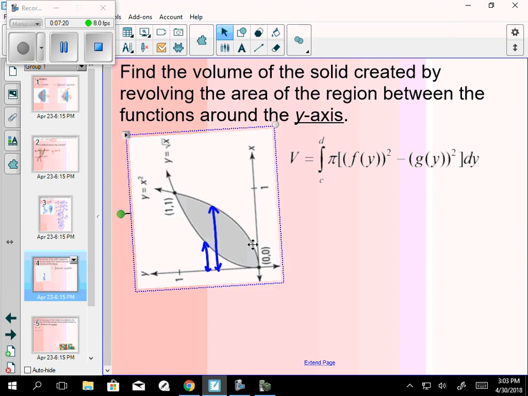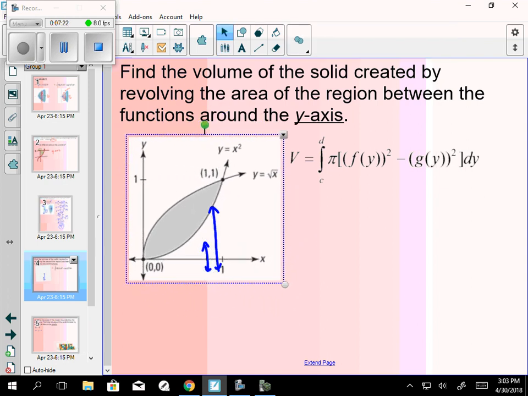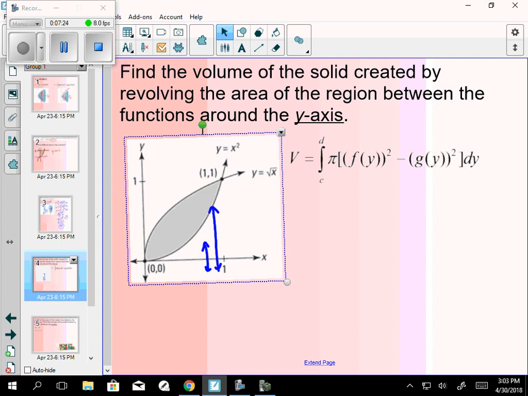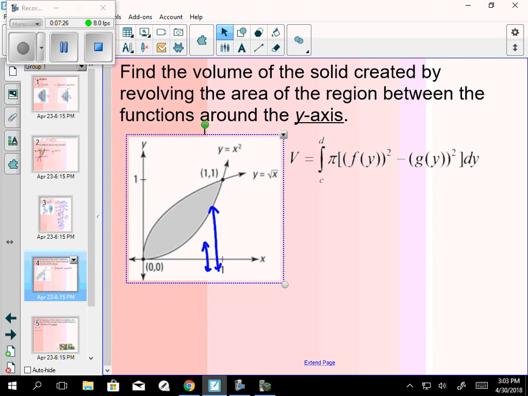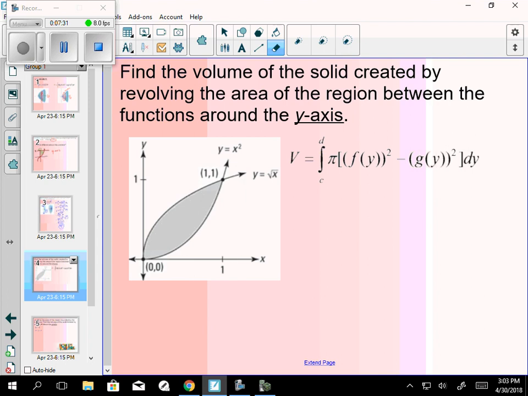So now if we look at this back how it was originally here, you're going to want to take the one that's further away. So the one that's further away from the y-axis is that one minus that one.